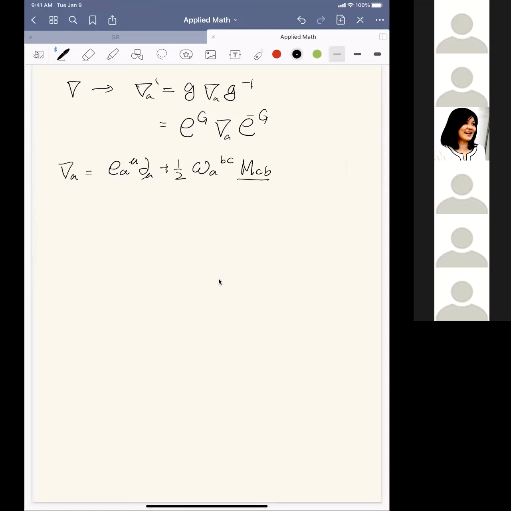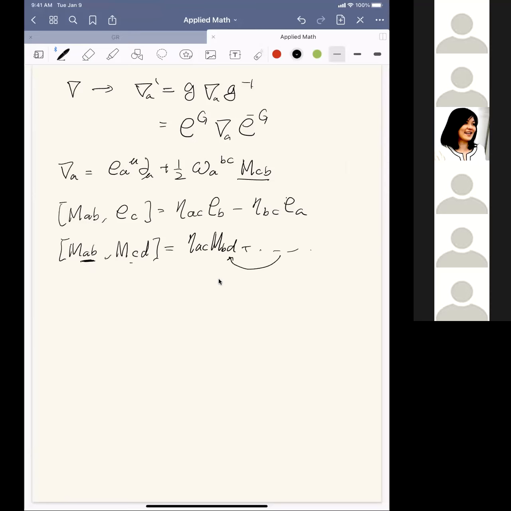We start with this. And you can use the generators. For example, if M_ab commutator with P_c, which is just a vector, this commutator is just eta_ac P_b minus eta_bc P_a. And similarly with the thing that I wrote down before, [M_ab, M_cd] is going to be equal to eta_ac M_bd plus the four terms that are written down, which are related to this term by the fact that ab and cd are antisymmetric.